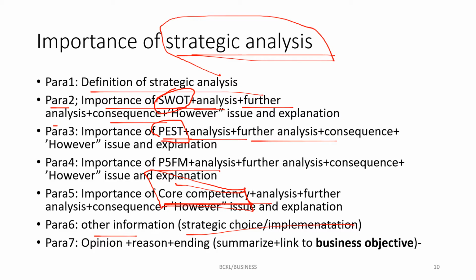And if the question is about importance of strategic implementation, then you will have to talk about strategic analysis and strategic choice. And then the opinions, your reasoning, what is happening, whatever you talk, your opinions, your reasoning. And then do not forget to link the business objectives with the survival, growth, CSR, or the market dominance.